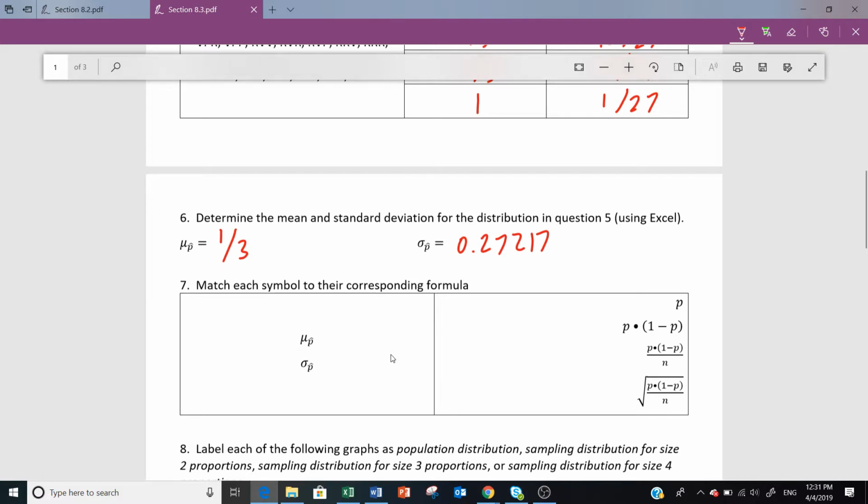Mean of P hat is just 1/3. Which one of these symbols is it? Let's start guessing what we think the cheat code formula is. Let's start plugging values in. Let's see if we can get 0.27217 by trying one of these formulas here.